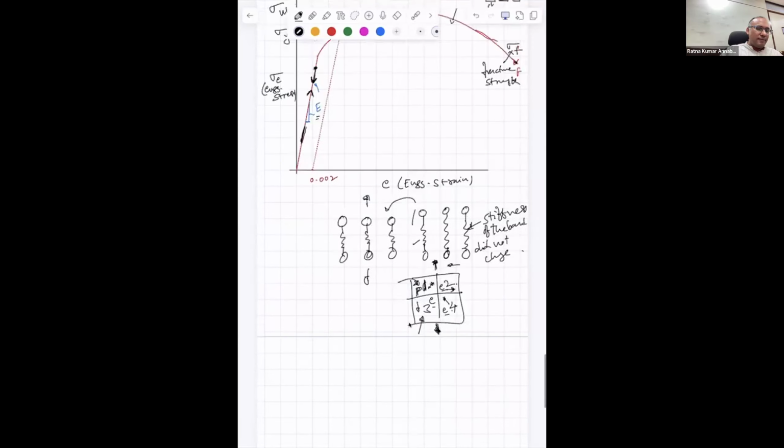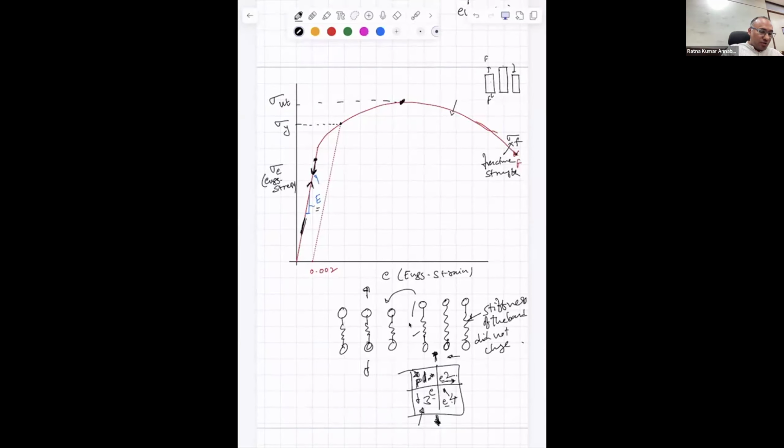Which means, if I have loaded a specimen up to this point, that means I have partially plastically deformed the material. Now, if I am unloading the specimen, the unloading path should always be elastic, because during unloading there cannot be any plastic deformation.